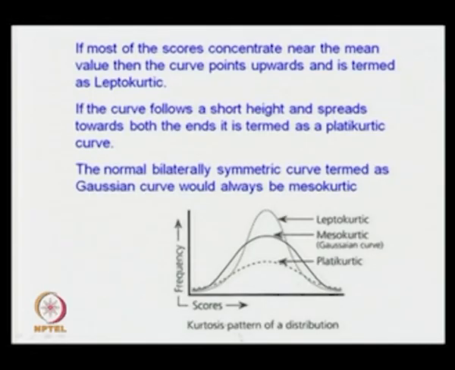If most of the scores are near the mean value, then it is termed a leptokurtic curve. If the curve has a short height and spreads towards both the ends, it is termed a brachykurtic curve. The normal bilaterally symmetric curve is termed a Gaussian curve and would always be mesokurtic.